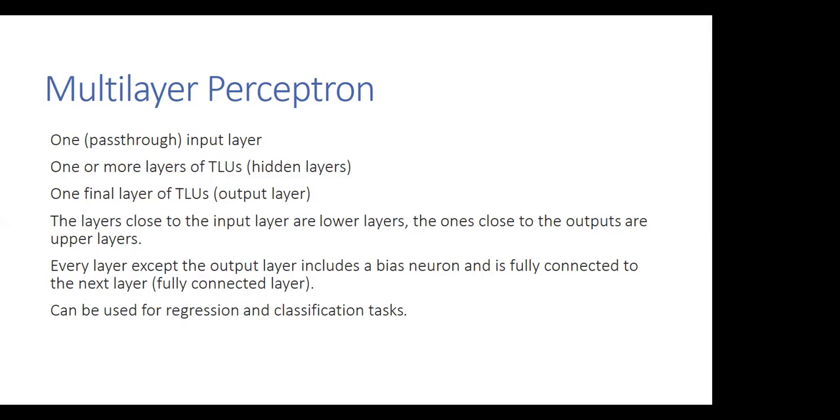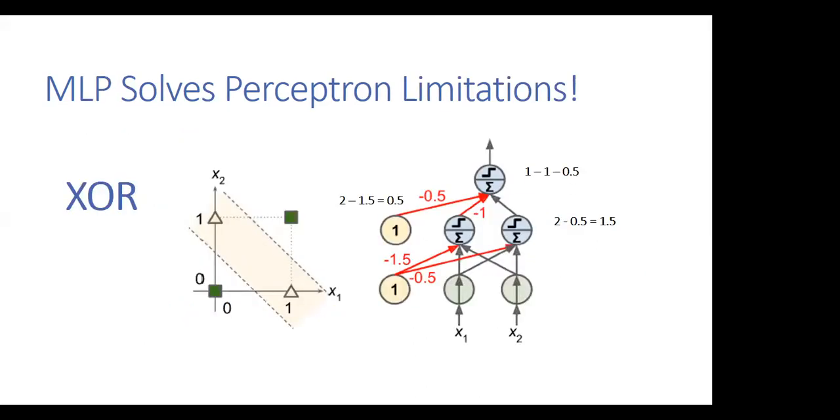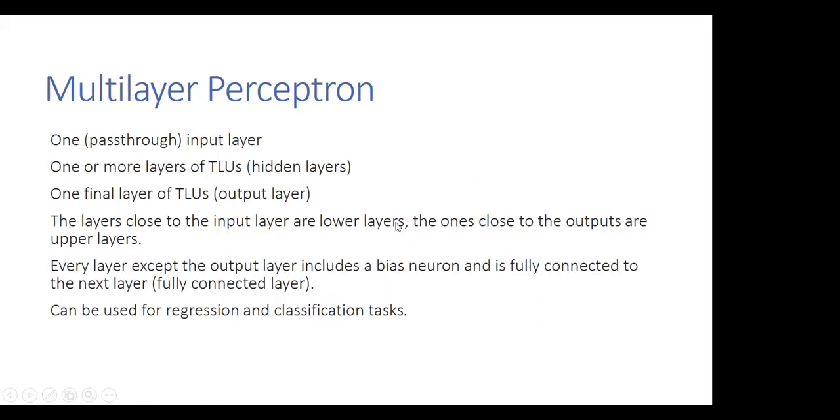Every layer except the output layer has a bias neuron and is fully connected to the next layer. Fully connected means each neuron from that layer is connected to all the neurons in the next layer. And multi-layer perceptrons can be used for regression and classification tasks.